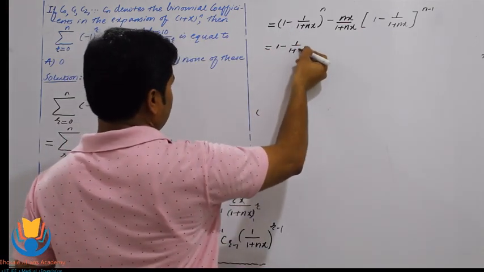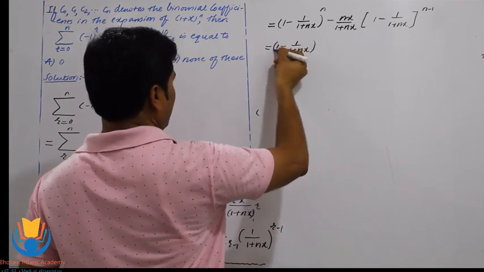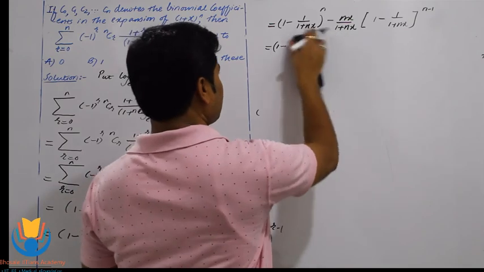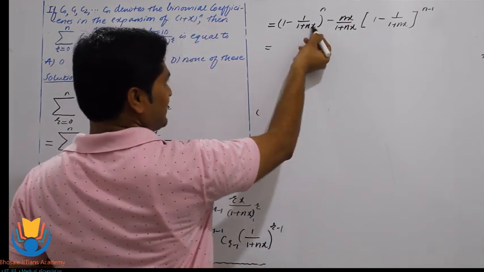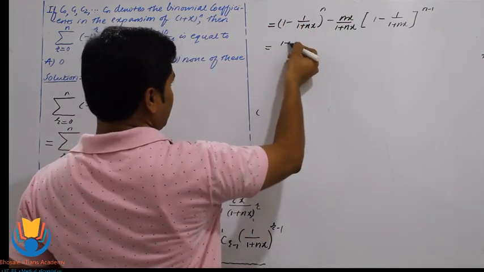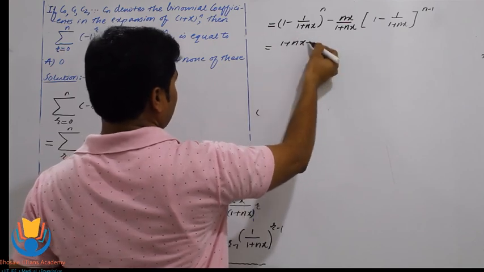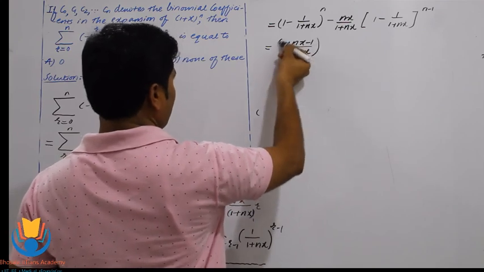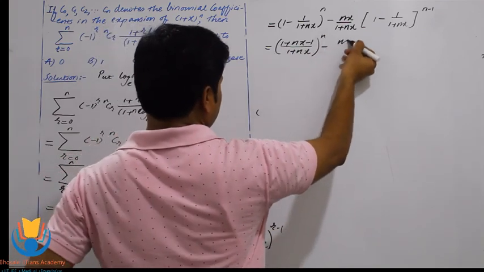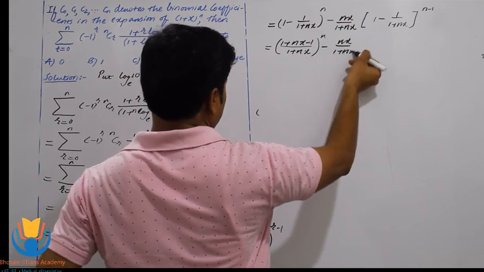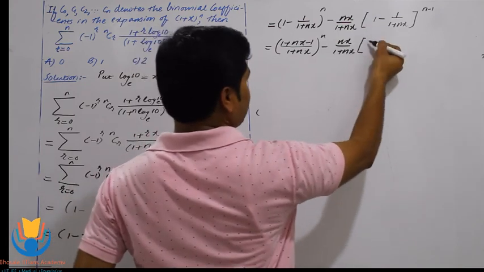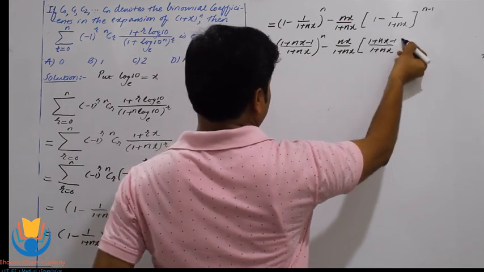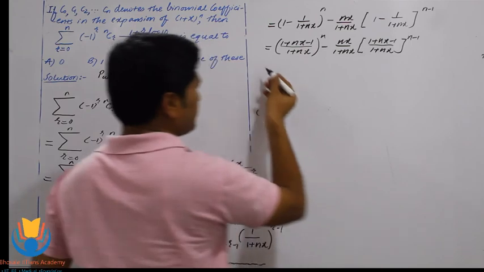So 1 upon 1 plus nx that whole raised to n minus, we can simplify here also. So this is 1 plus nx into 1 is 1 plus nx minus 1, ones are 1, that upon 1 plus nx whole raised to n minus nx upon 1 plus nx, and this is again the same, 1 plus nx minus 1 upon 1 plus nx, and that whole raised to n minus 1.